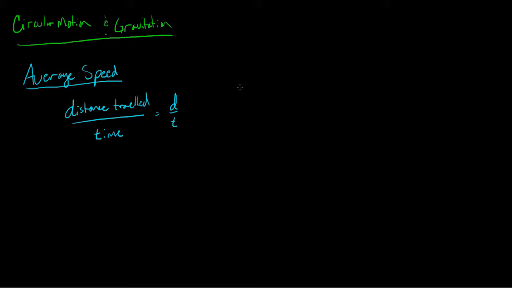But if we're dealing with a circle, and if we complete a circle in a certain amount of time, if we go around the circle in a certain amount of time, what is the average speed? Well, we take our circle, and it has a radius r, because that's the fundamental constant for any kind of circle, and we know that the distance all the way around the circle is its circumference.